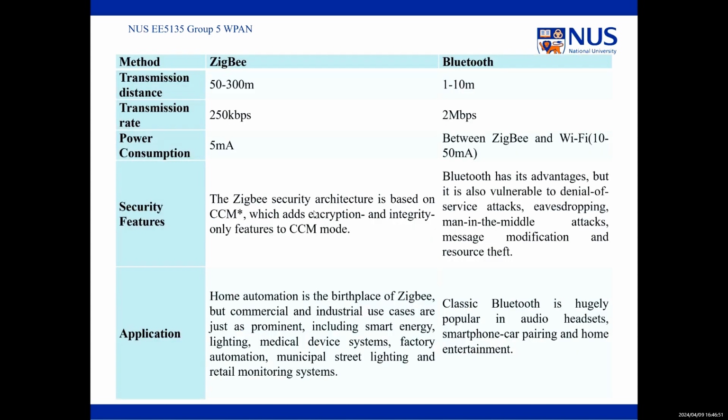That's the introduction of the ZigBee. And in the previous presentation, we have introduced the Bluetooth and ZigBee. Both of them each have their own unique advantages and applications. Bluetooth excels in application scenarios that require high data transfer rates and broad device compatibility, and it's popular for consumer electronics, also audio headsets.